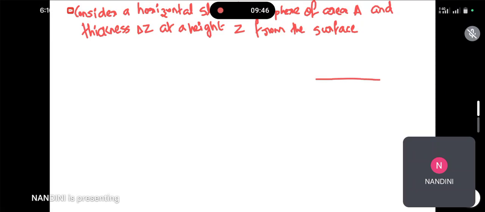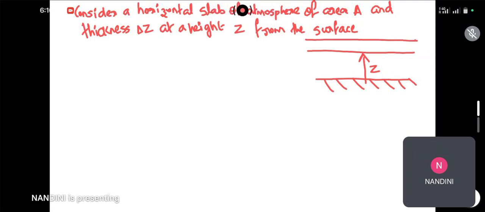Suppose this is the surface. At a height Z, we are considering a horizontal slab of atmosphere which has a thickness of delta Z and an area A.